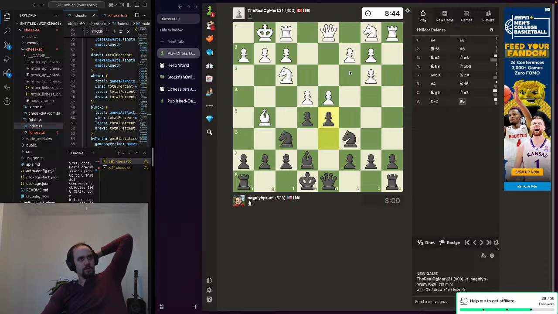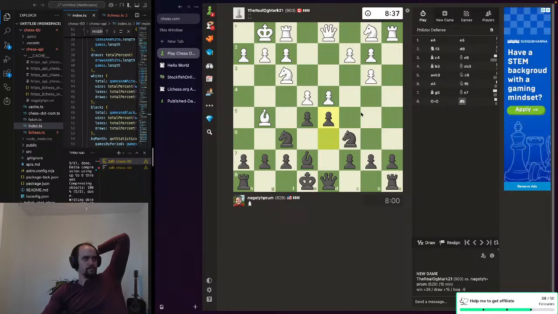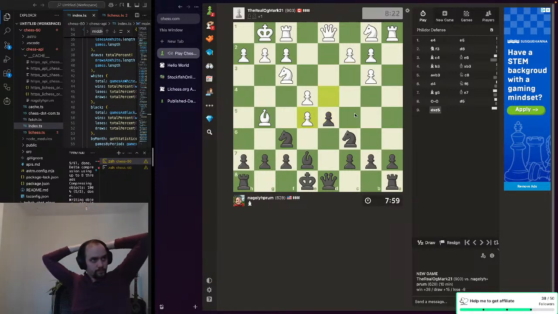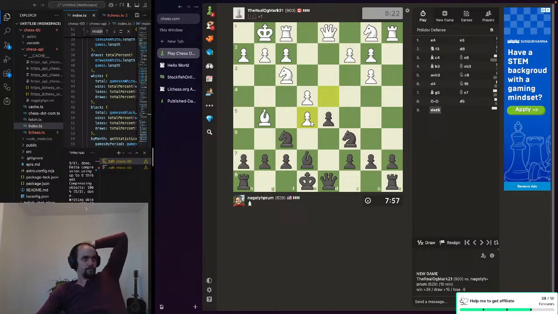Did they bring their knight out now? I don't know. I feel like they have to. There's no way they bring the pawn. Is this like a second attempt fried liver?